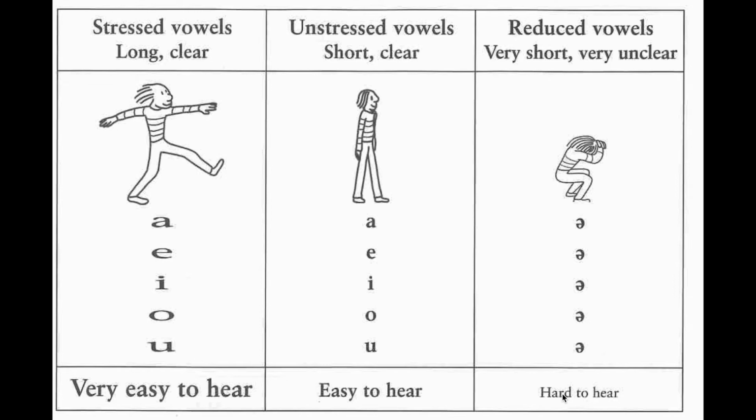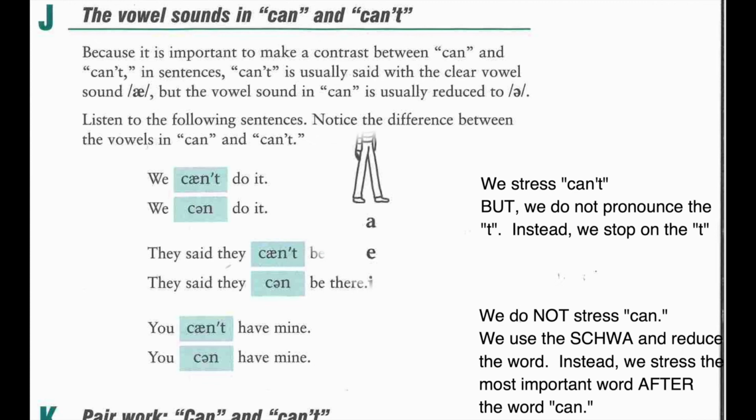Now, as we discussed in last week's video, the schwa is used not only for syllables, but also for words, especially the short common words that we use in English. In the last part of this video, we're going to talk about one particular word that really does change depending on how we pronounce it.